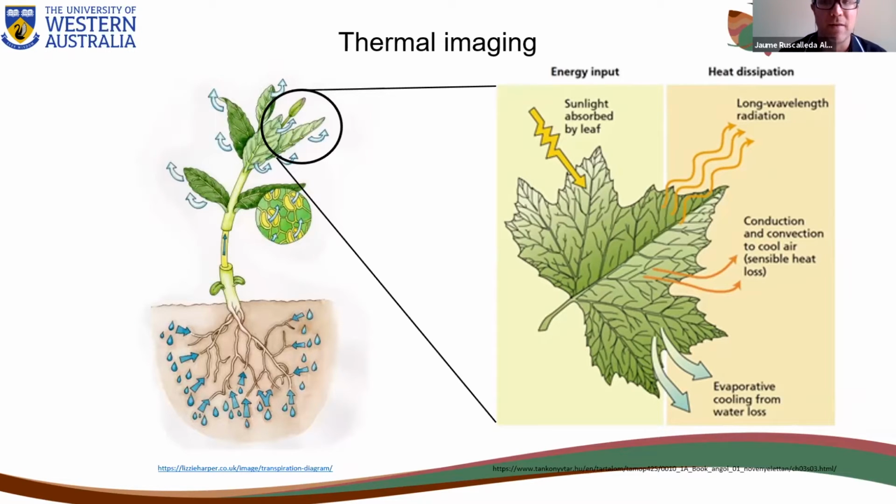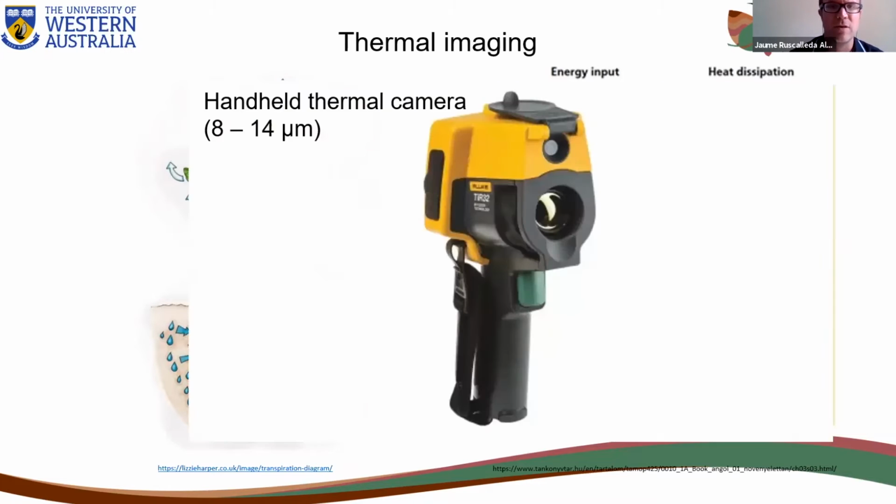So a plant that is healthy will have a lower temperature than a plant that is stressed and has shut down its stomates and is seeing its temperature increase. And the way we measure that is through a thermal camera, a handheld thermal camera.